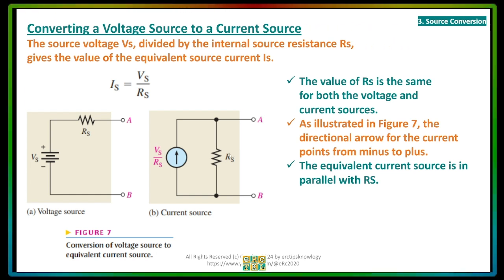But the value of Rs will be the same as the value of Rs of the practical voltage source. And the direction of the arrow here tells you where the current is going from or going to. So the equivalent current source is in parallel with Rs.